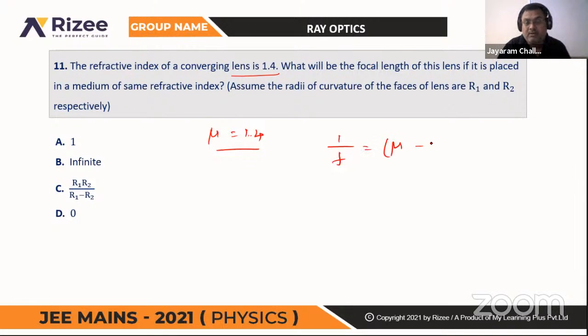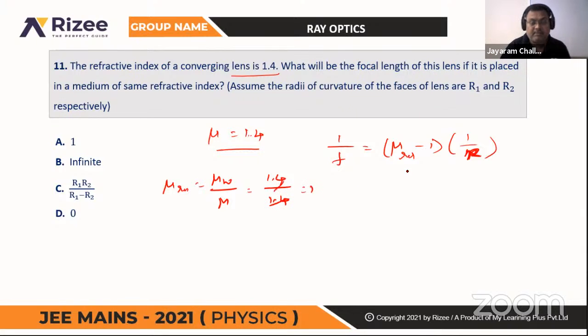The formula is 1 by f is equal to mu minus 1, where mu is the relative refractive index, into 1 by r1 minus 1 by r2. So coming to the relative refractive index, mu relative is equal to mu of the lens by mu of the medium. The values of both of them are going to be 1.4, the same medium he has given, so it will be 1.